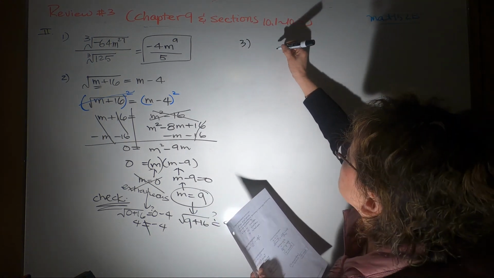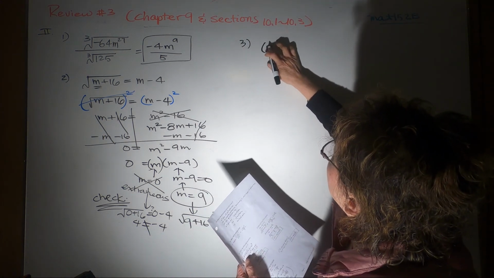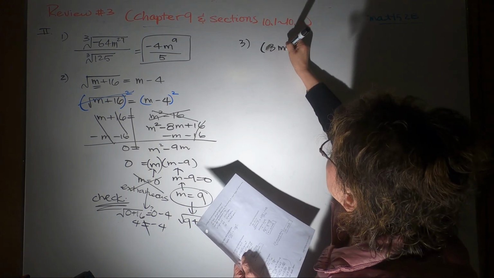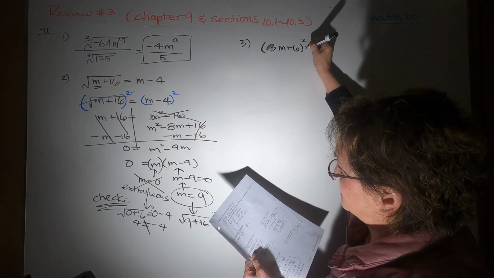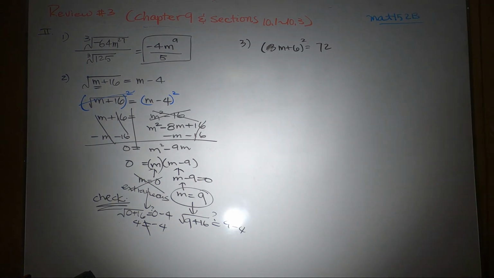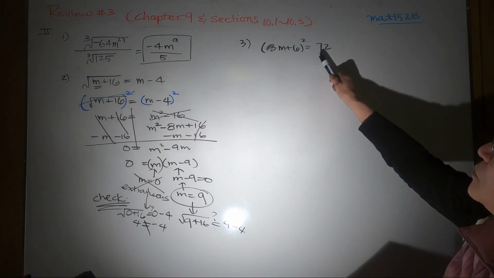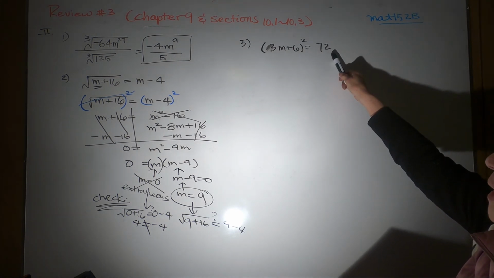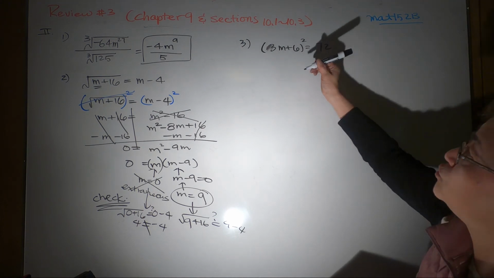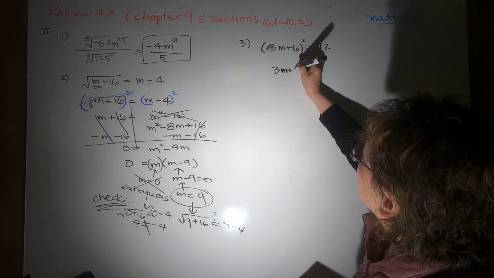So we were solving what? Radical equations. Then for this one, not in standard form, but it is a quadratic equation. But which way is the easiest way? When one side is a square, one side is a number, we say what? You can just use the square root property, right?